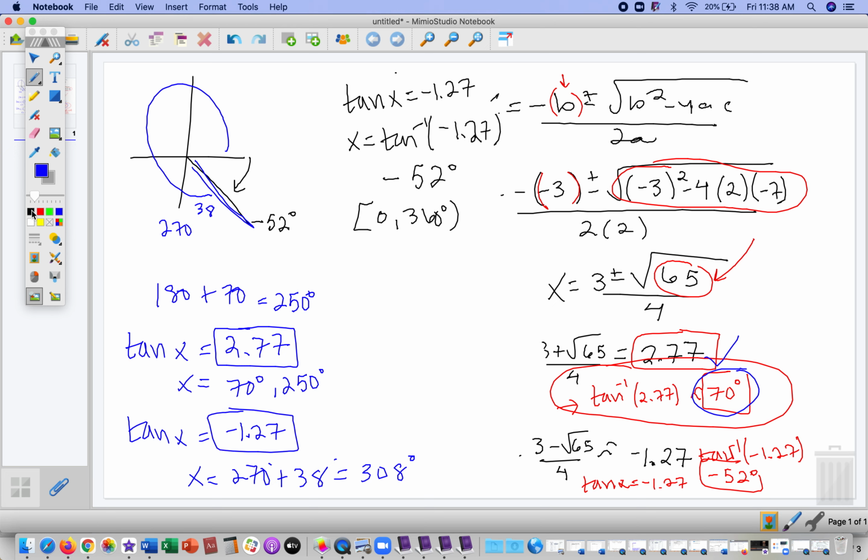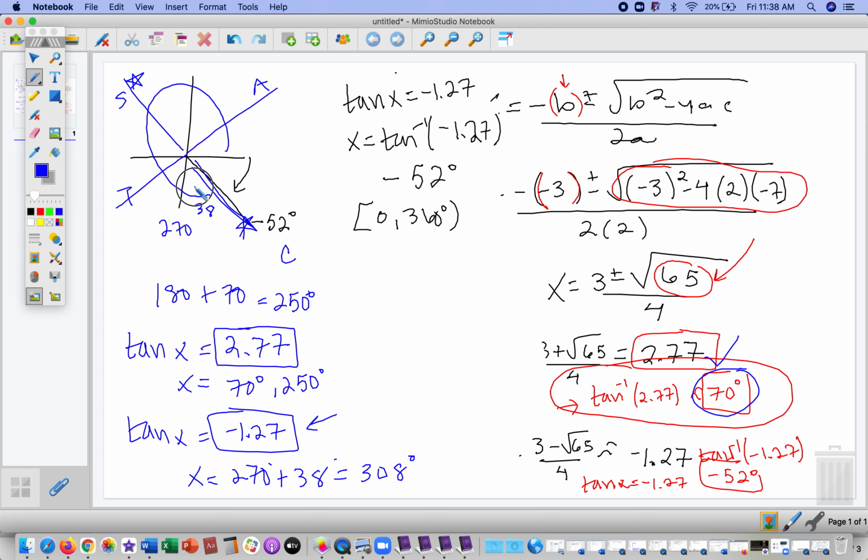And then we also need to see what other quadrant. So we have all students take calc. So where else will we have a negative tan value? We have it in the fourth quadrant, right? And we have it in the second quadrant. So if I use this little sliver concept, let's see what I'd have.